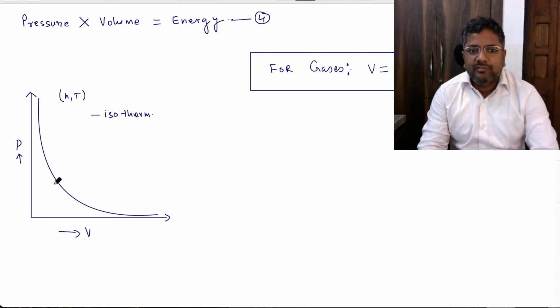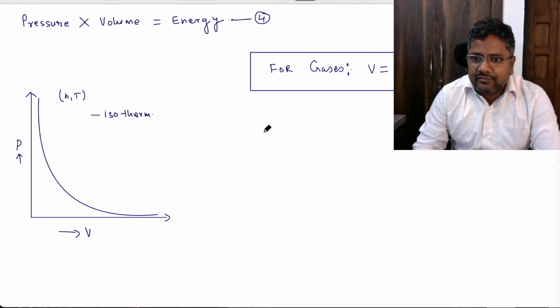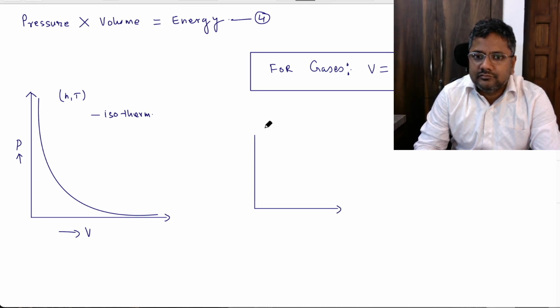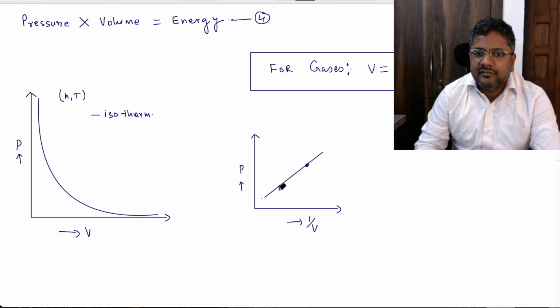Isotherm, P and V, but N and T should be constant. So if you take P here and 1 by V here, you will get this type of relation, right?